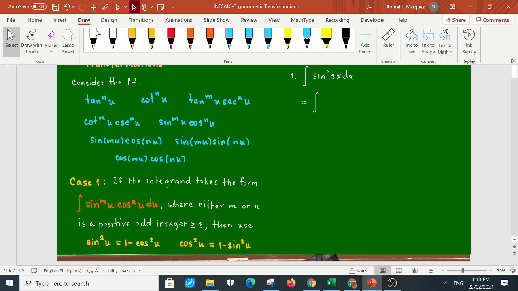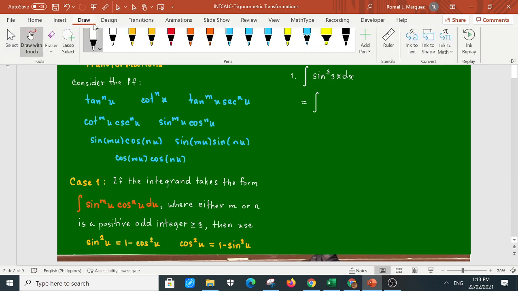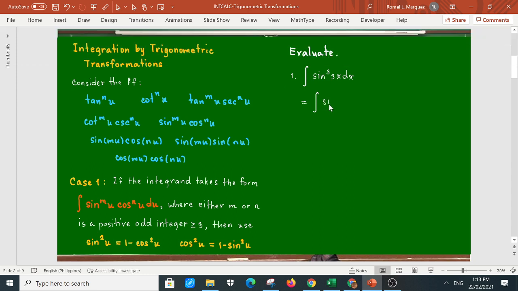Meaning, you form a quadratic power of sine: sine squared 3x, and the linear sine 3x dx will be part of the differential of cosine later.